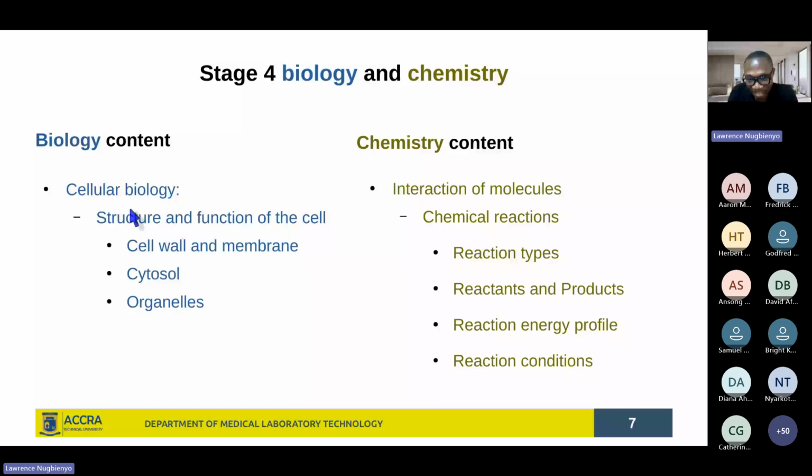In chemistry, you start to look at the interaction of molecules, because already you talked about bond formation between the atoms, how complexes can form, compounds can form, and all of that. Now you start to look at chemical reactions, the types of reactions. You do such classification of types of reactions. You start to look at what you refer to as redox reactions.